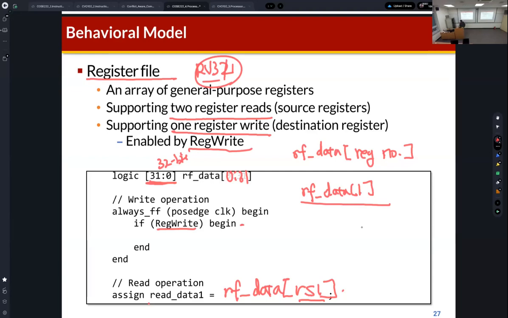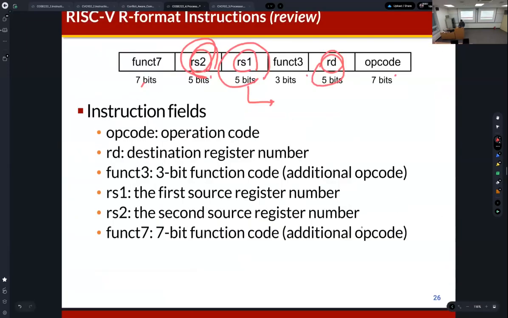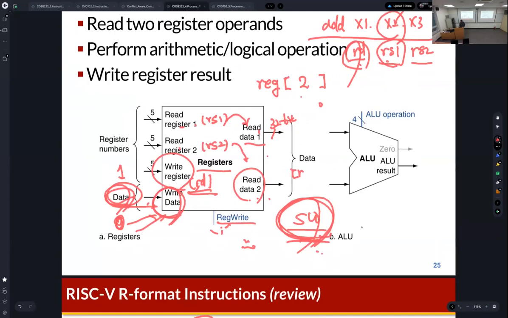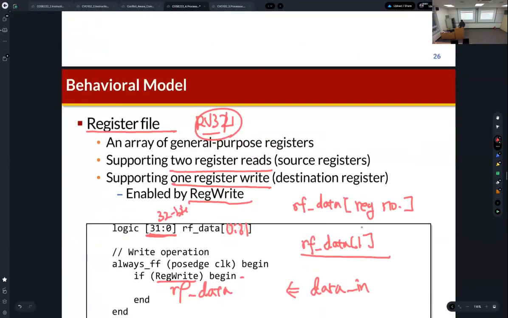And how? In this case, RF underbar data is updated by data in, right? We can find data in here.